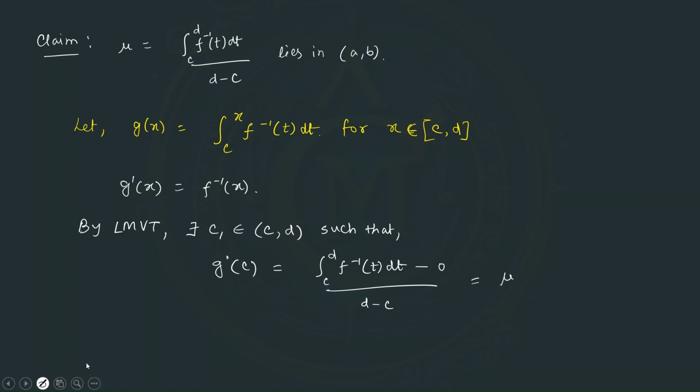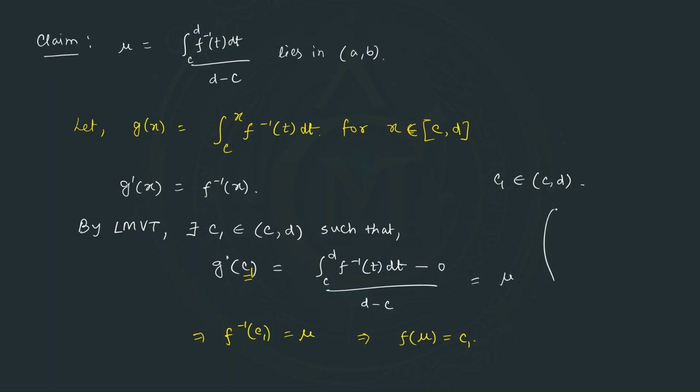So we can see here this c must belong to the open interval c to d. So g dash c is basically f inverse of c equal to mu. So by the property of inverse function, we can say f of mu equal to c. Sorry, this will be c1 throughout this. So f of mu equal to c1. So now c1 belongs to the open interval c to d. What does this mean?